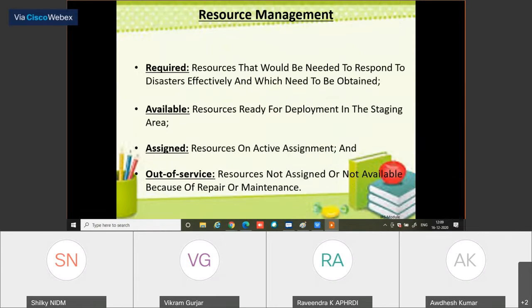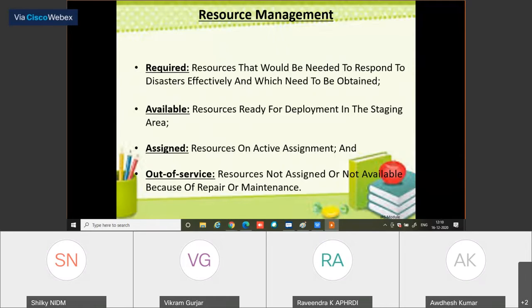Resource management covers what is needed to respond to disasters effectively and what must be obtained if we don't have it. This helps the efficient and optimum use of the resources which are ready for deployment in the staging area.